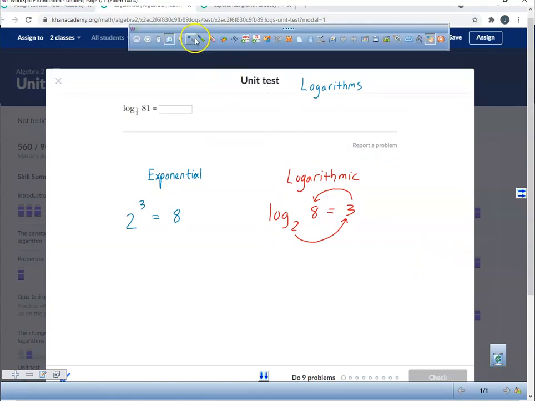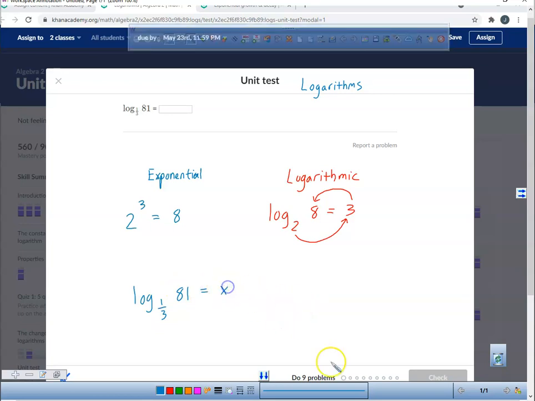Okay? So right out, let's take a look at our problem. Ours says log base 1/3 of 81 equals, I don't know, let's just put an X there. Okay? And we're going to go around the world. We're going to set it up as an equation. So we're going to say 1/3 to the power of X equals 81.